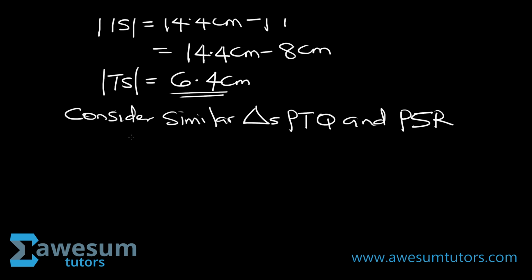Okay, so now I'm going to say 8/6 equals 14.4 over line SR, because they have similar triangles, triangles PTQ and PSR. Okay, so now what you can do right here is to cross multiply.